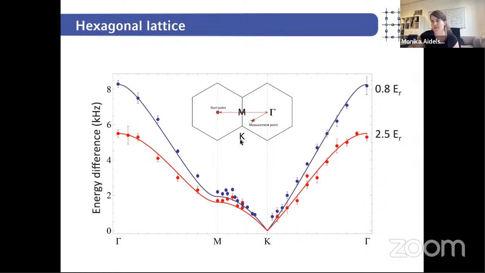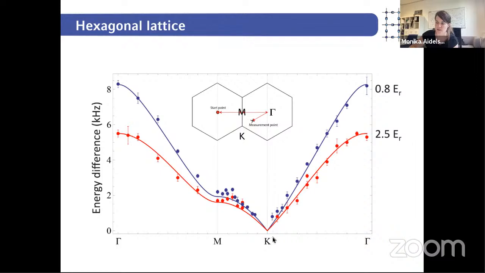There is the gamma point, and here below there is the K point. So here you see a scan of the energy gap as a function of the quasi-momentum, where we introduce the hold time. And in particular, you see here that the gap becomes smaller and smaller as you approach the Dirac cone at the K point, where we know that there is a band touching point in the band structure.